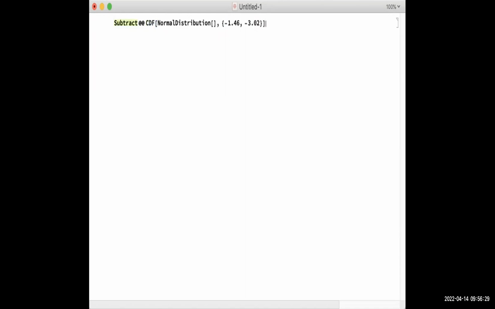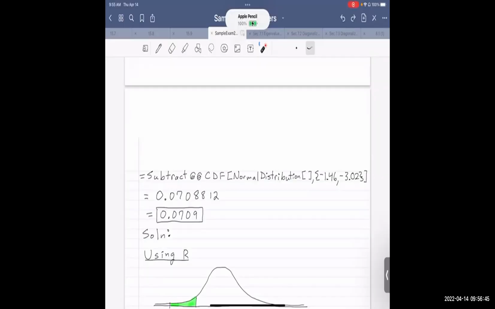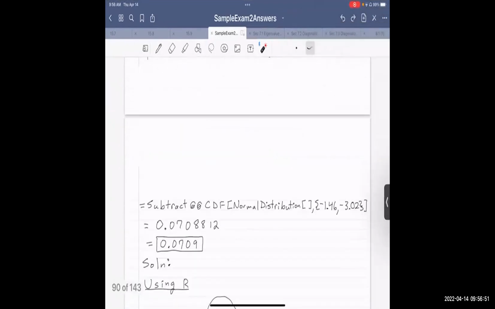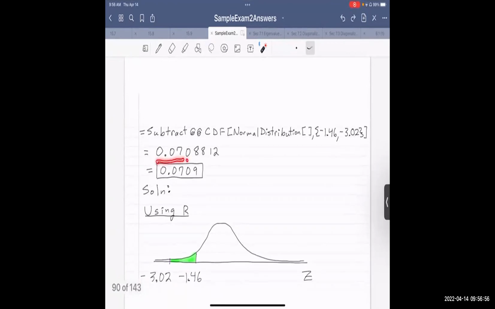If I do that, I get 0.0708812. Let me write those values down. I have 0.0708812, and rounding to the nearest ten thousandth, I have 0.0709.